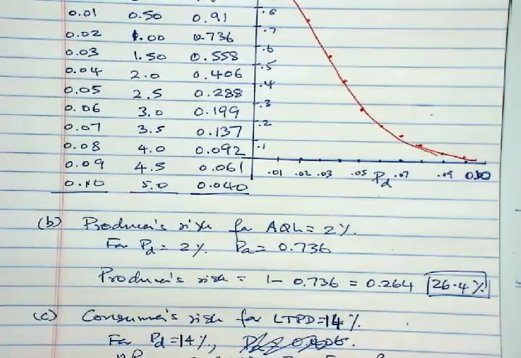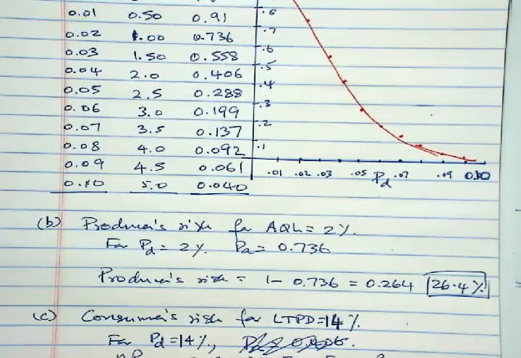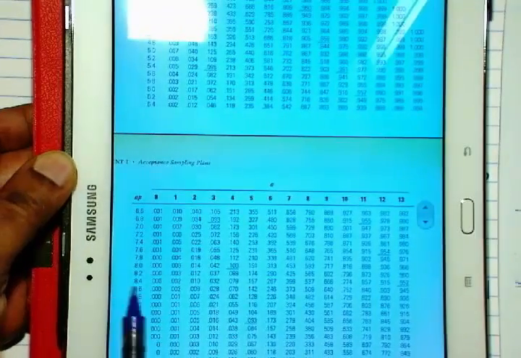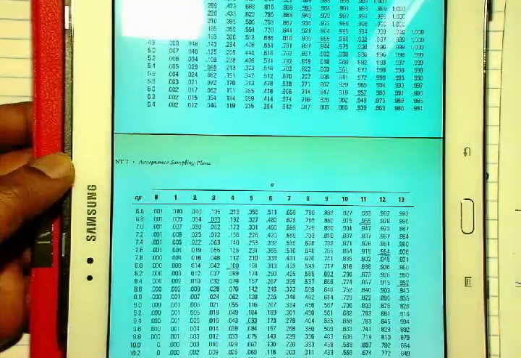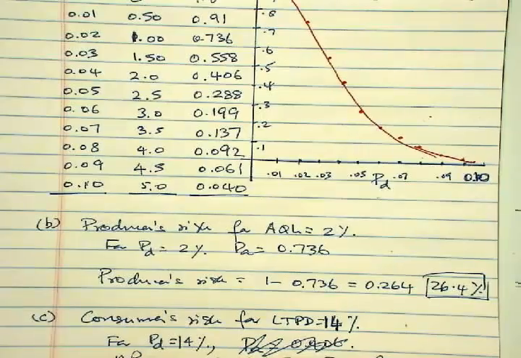So now we have to go back to the Poisson table, and for n times P sub d equal to 7, c equal to 1, P sub a is 0.007.